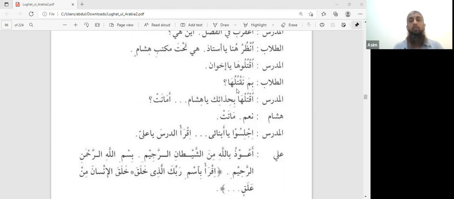Because we need to know what vowel we are putting on the middle letter of the three root letters. That middle vowel changes between the past tense verb and the present tense verb. So we have qatala with a fatha on the ta is the past tense, and yaqtulu with a dhamma on the ta for the present tense. This is the reason we need to learn the two together.